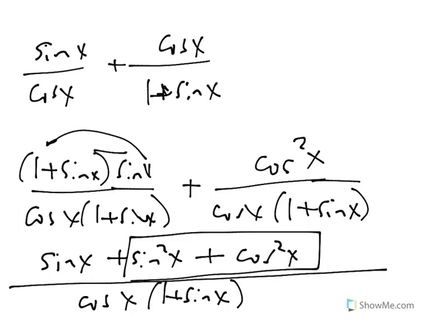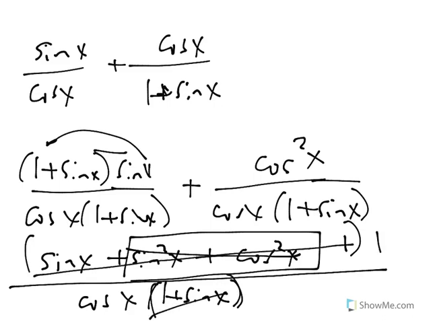It equals 1. So if I replace that with a 1 here, and then as an added bonus, I now have sine x plus 1 on top, and there's a 1 plus sine x on the bottom. Those can be canceled, and I'm left with 1 over cosine x, which turns into secant x. So these two expressions are equivalent to each other.